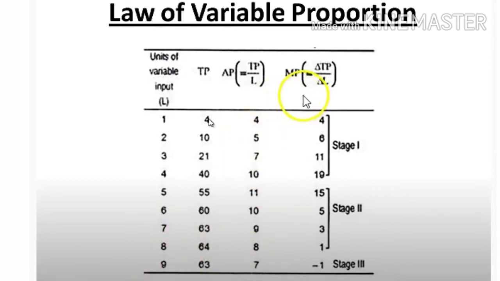So here we can see the MP column, that is delta TP by delta L. The previous TP we don't know, so I think it should be put as a dash, but in this column they have written the same value because the previous is written as 0.